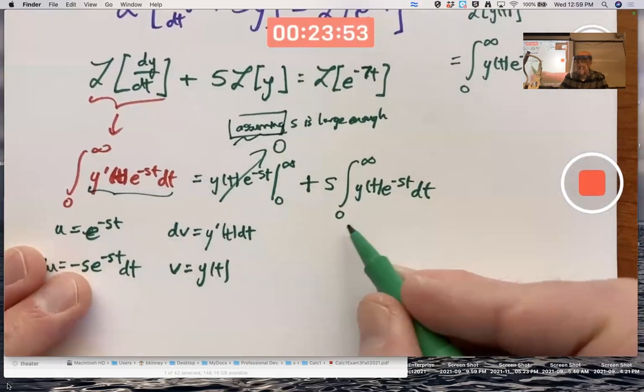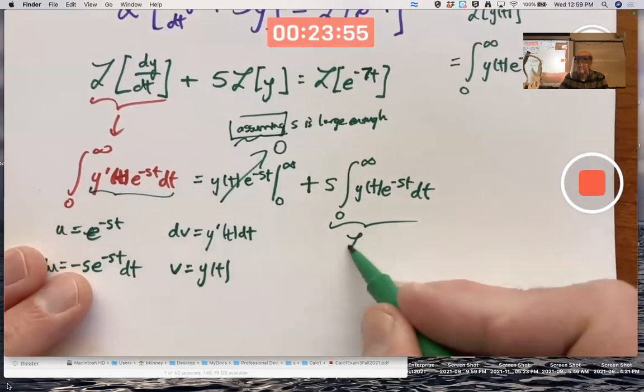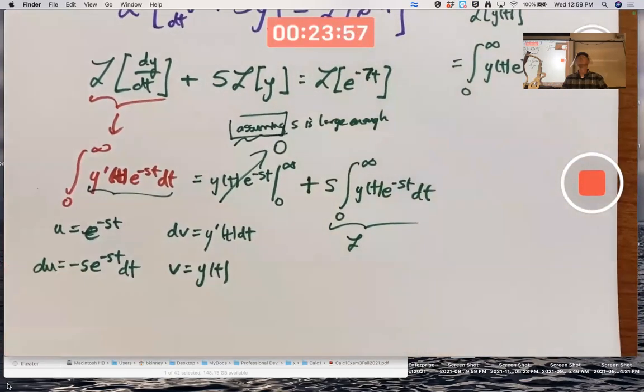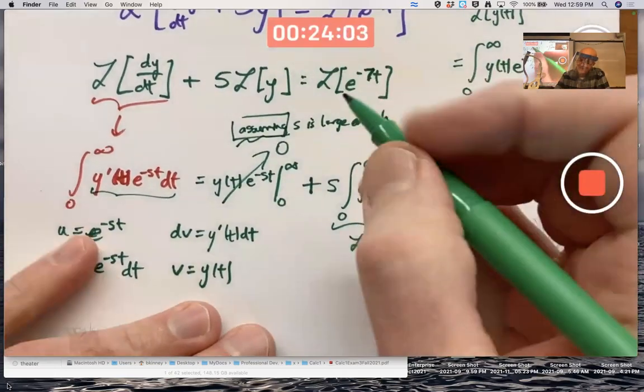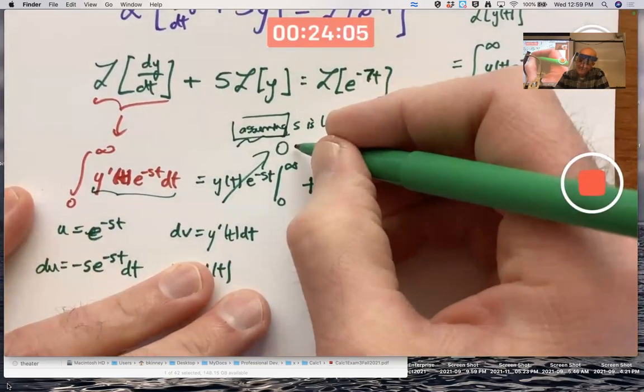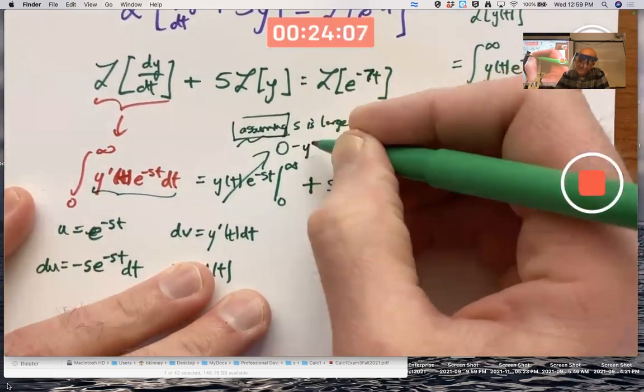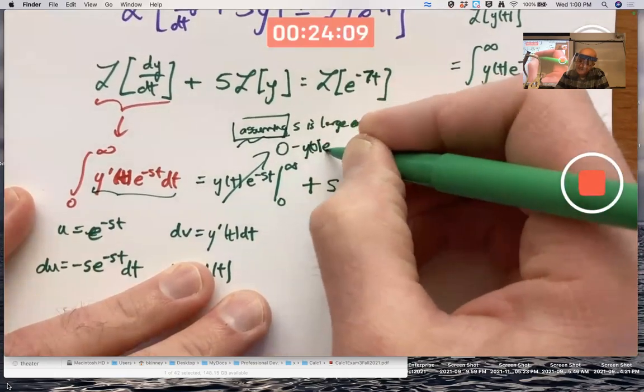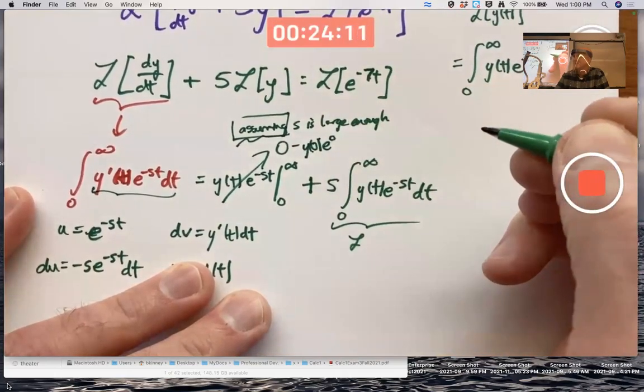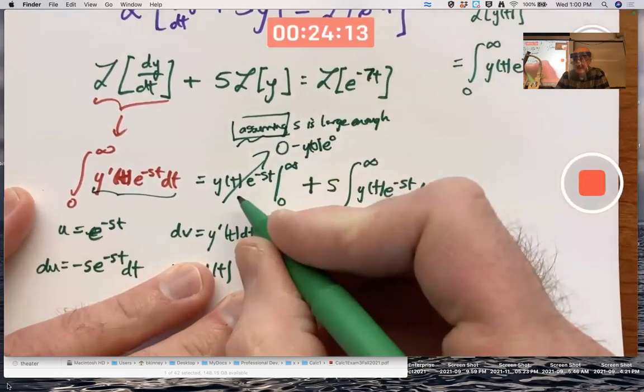What about this? Well, that thing right there is the Laplace transform of y. Oh, I made a mistake. This doesn't go to 0. It goes to 0 minus y of 0 e to the 0. When you quote unquote plug in infinity, it goes to 0.